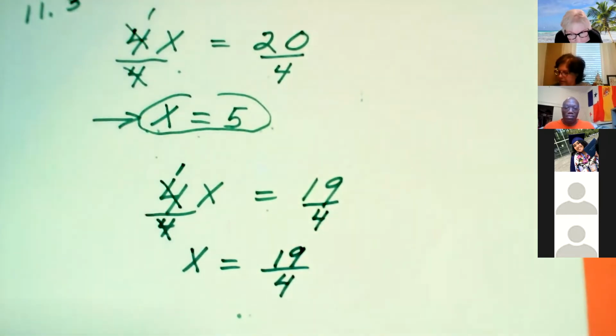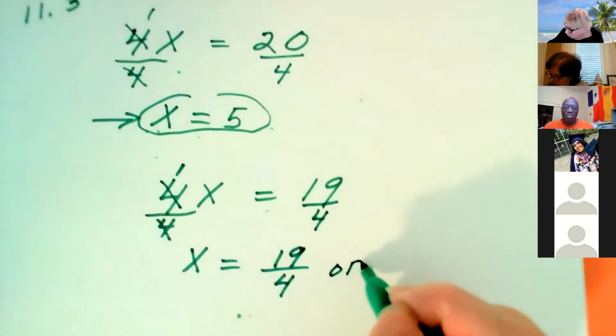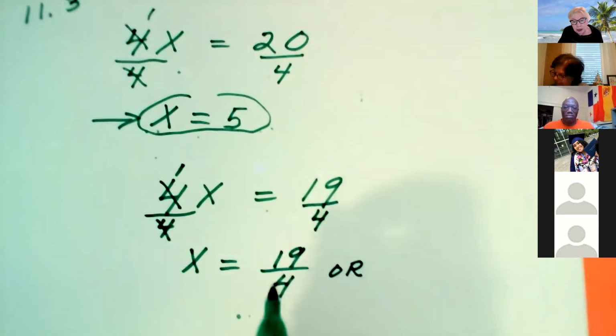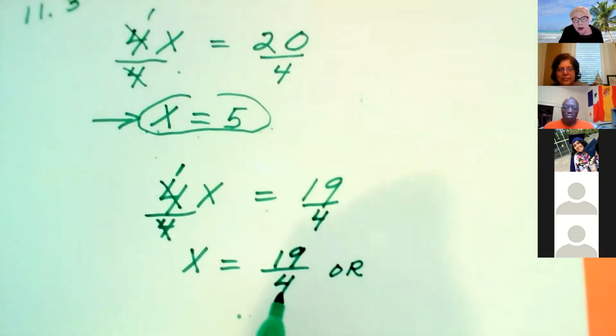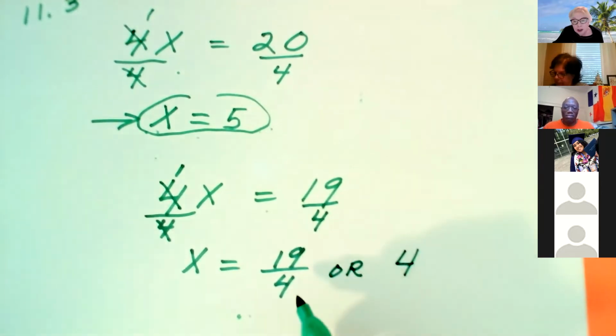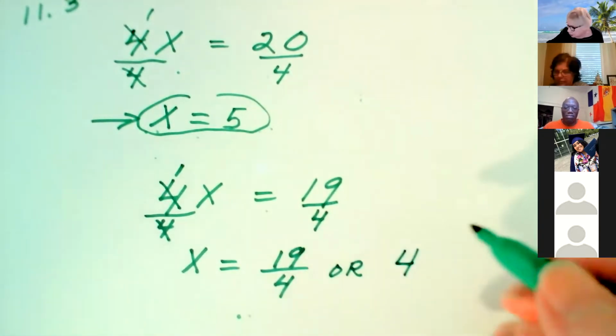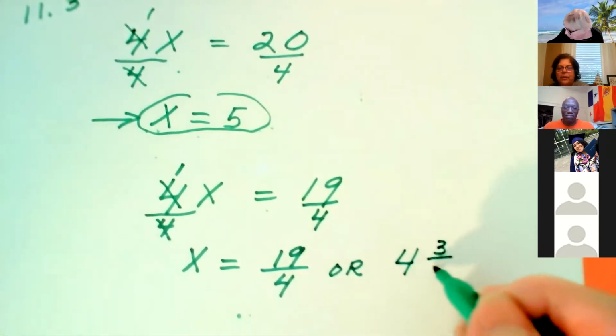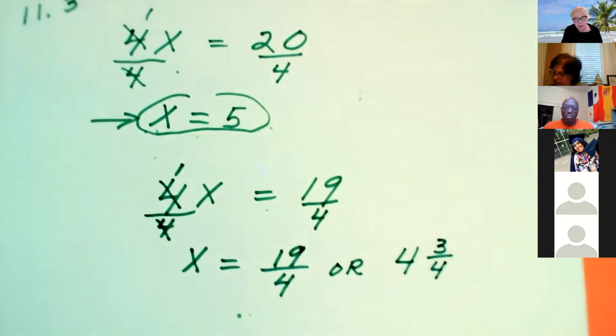Will I accept that? Yes, I would. Or the other version would be to make it a mixed number. 4 into 19 is 4, because 4 times 4 is 16. There's 3 left over, 3 fourths. Both of those are good.